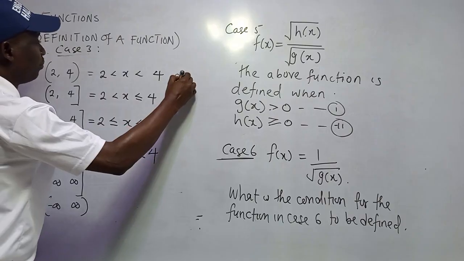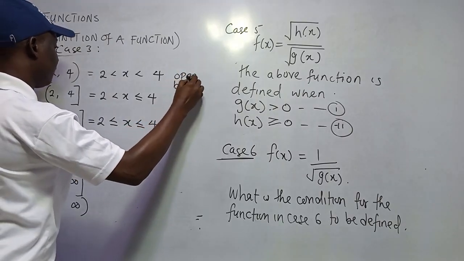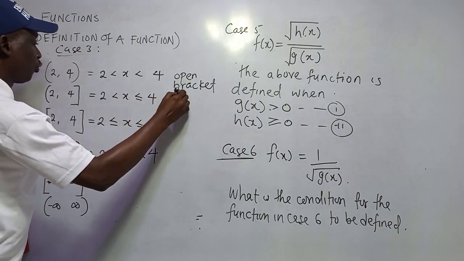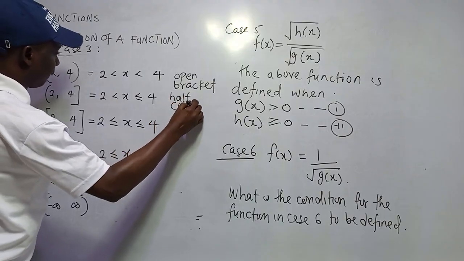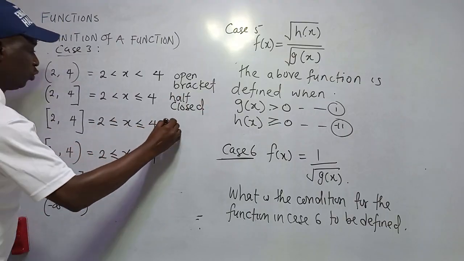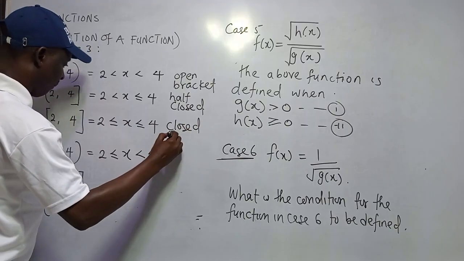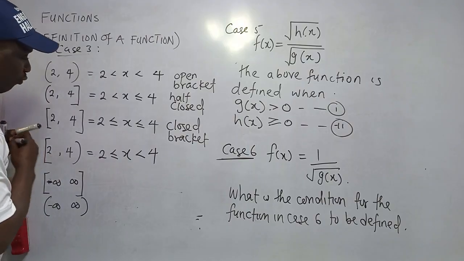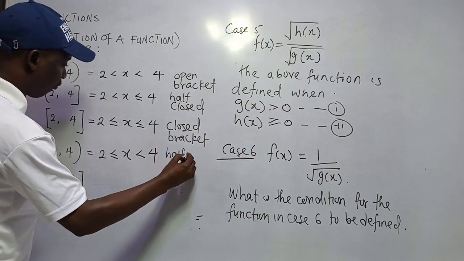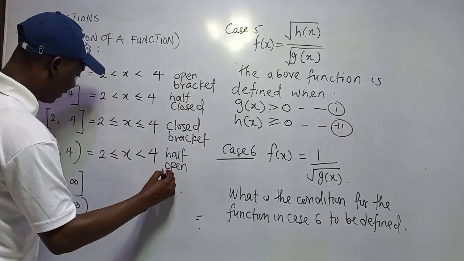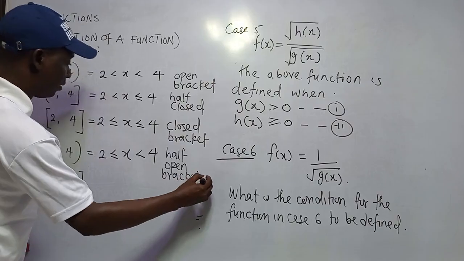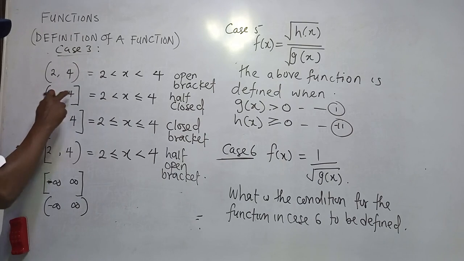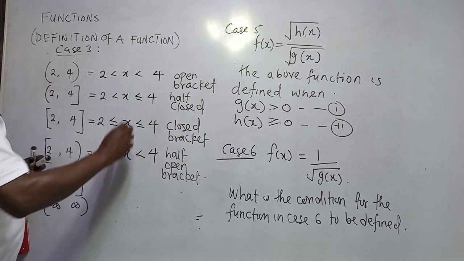This is an open bracket. This one is what we call a half closed bracket. This is what we call a closed bracket. And this one is what we call a half open bracket.